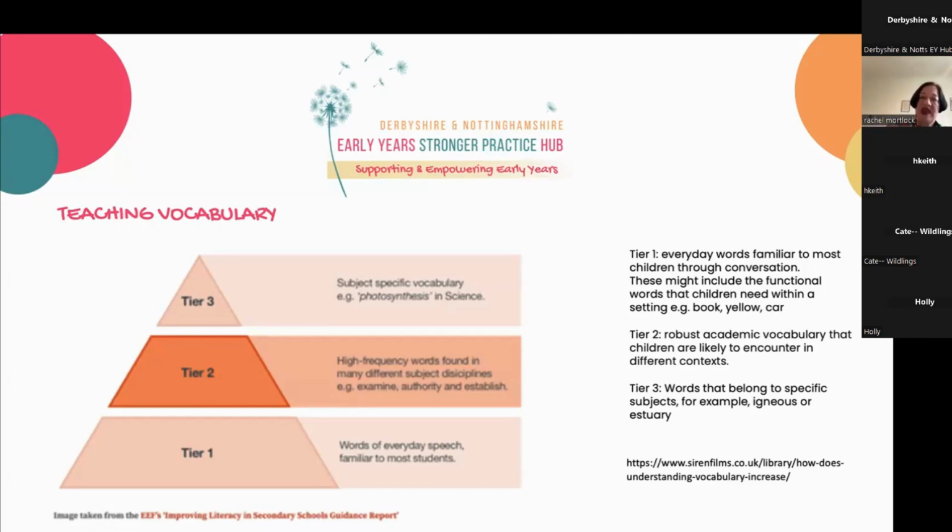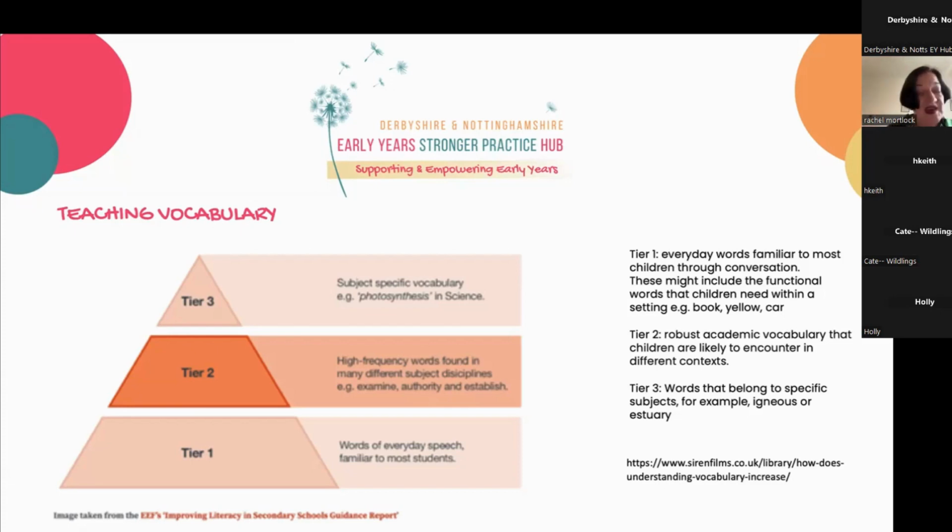But what we really need to try and teach and develop through our language with children is tier 2 words. So they are high frequency words, so words that are used a lot in the English language, and they're found across different areas, and they might encounter them in different contexts.